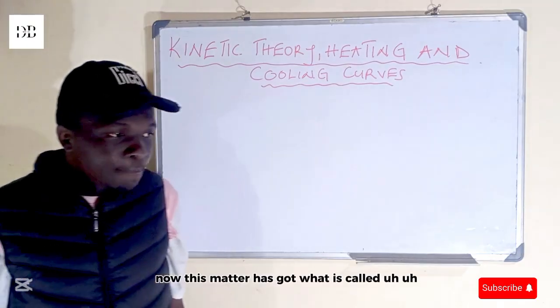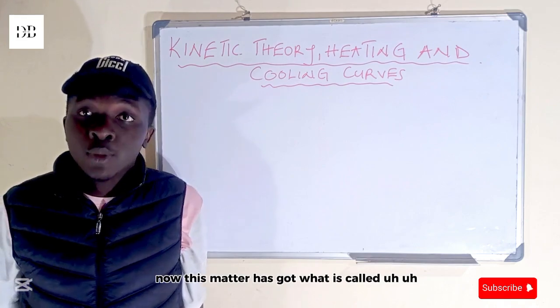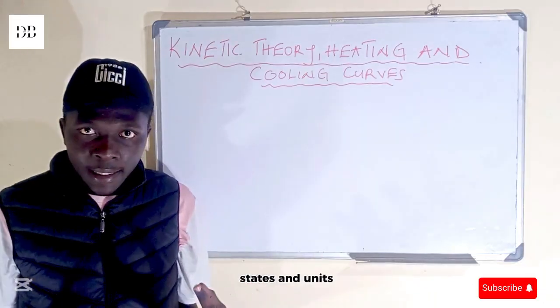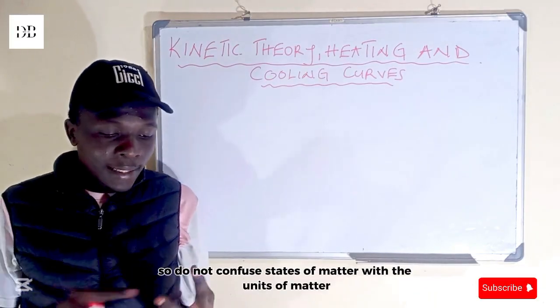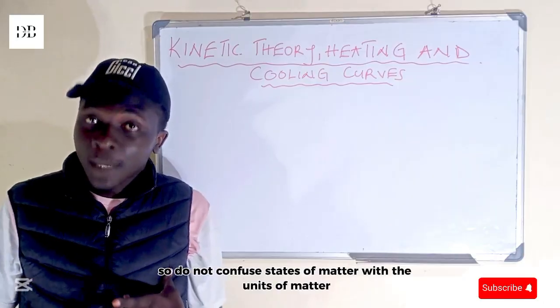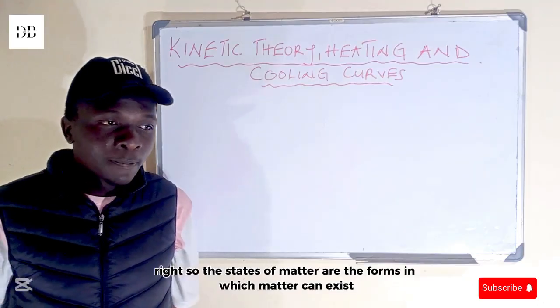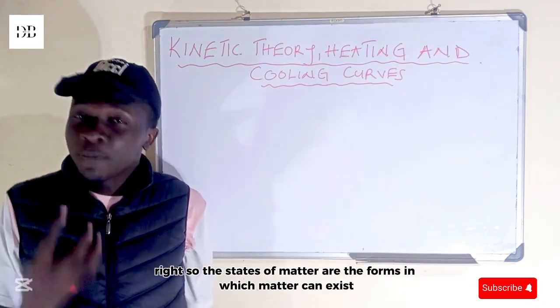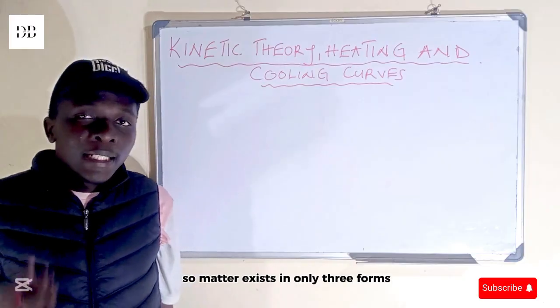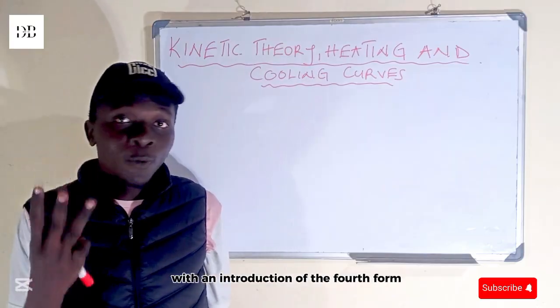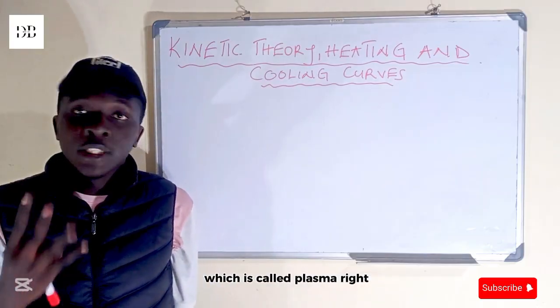Now, this matter has what are called states and units. So do not confuse states of matter with the units of matter, right? The states of matter are the forms in which matter can exist. Matter exists in only three forms, with an introduction of a fourth form, which is called plasma.